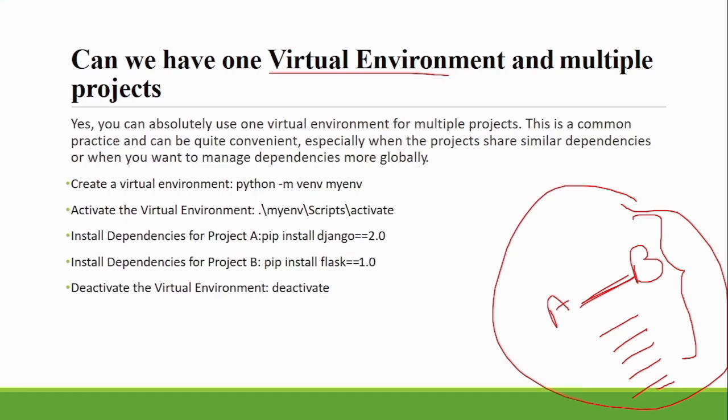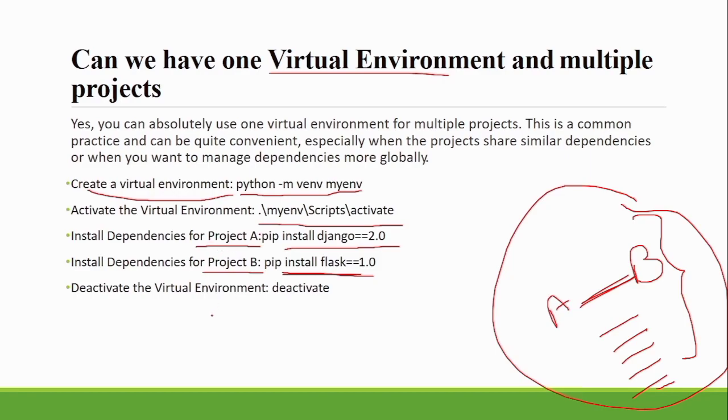So you will go to the particular folder wherever you want to create the virtual environment. You will create the virtual environment. You will activate the virtual environment. You will go to project A. You will install Django. You will create another project B. Suppose you want to work on Flask, you will install Flask and start working on that project.